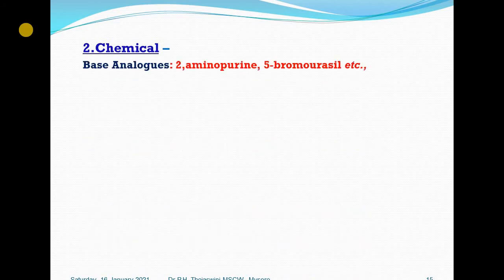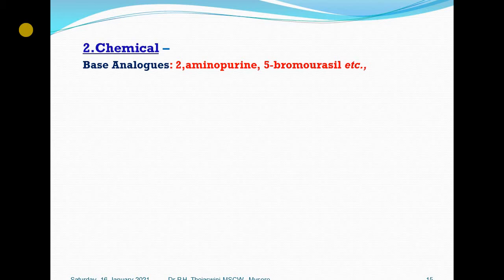The chemical agents which bring about the mutations are base analogues, that is 2-aminopurine and 5-aminouracil or 5-bromouracil, to cite a few. These base analogues are nothing but the components, in nature or chemically synthesized, which resemble exactly like a nitrogenous base.